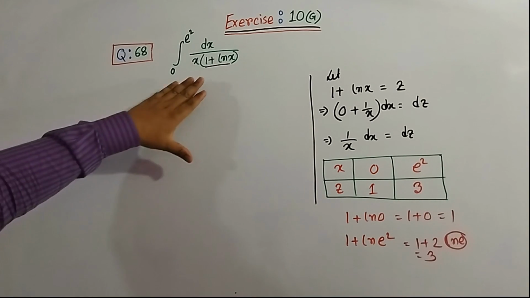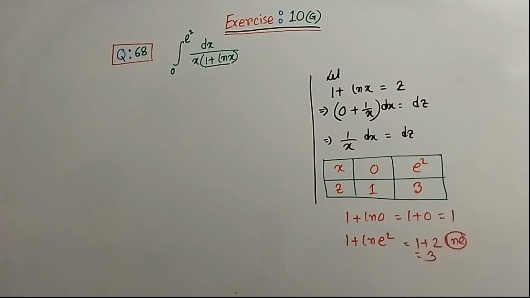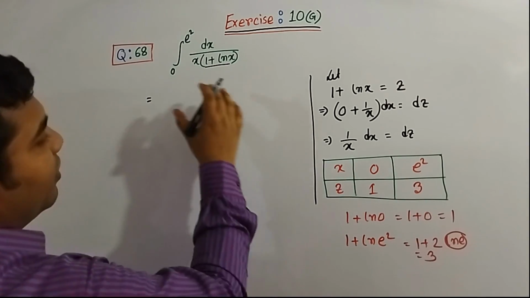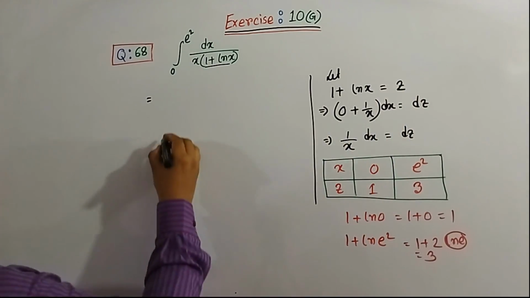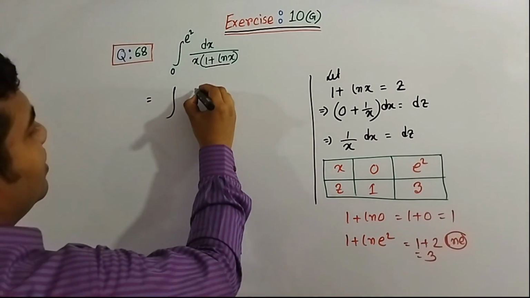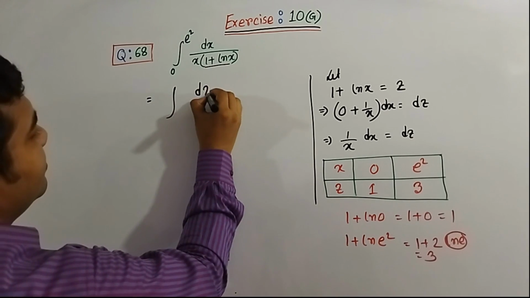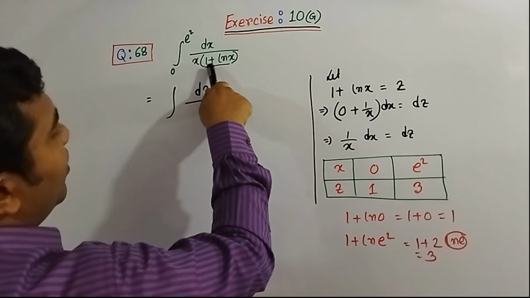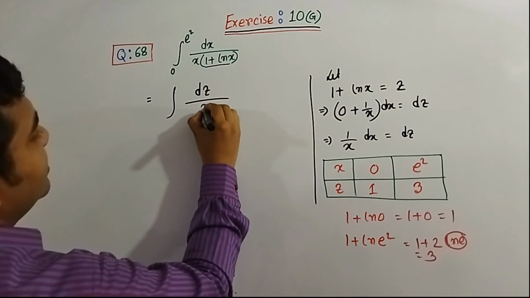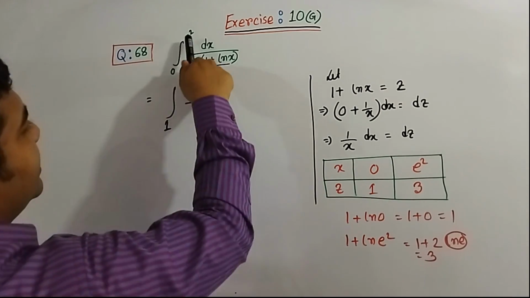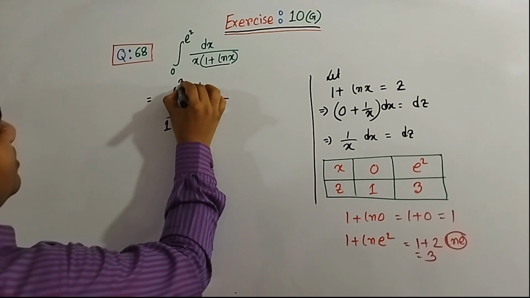So now if we calculate this part, after putting all the values of z in place of x, we will get dx over x is dz over 1 plus ln x is z. 0 will be replaced by 1 and e square is replaced by 3.